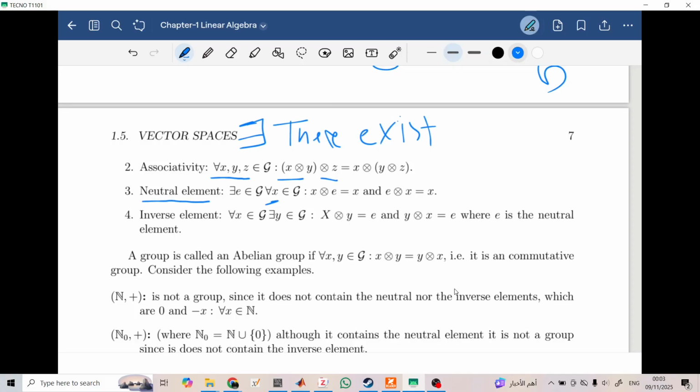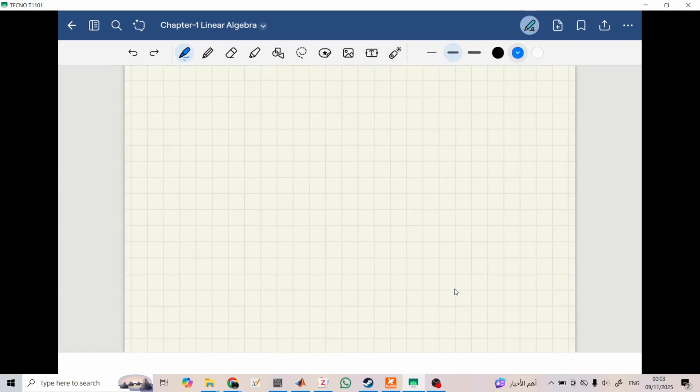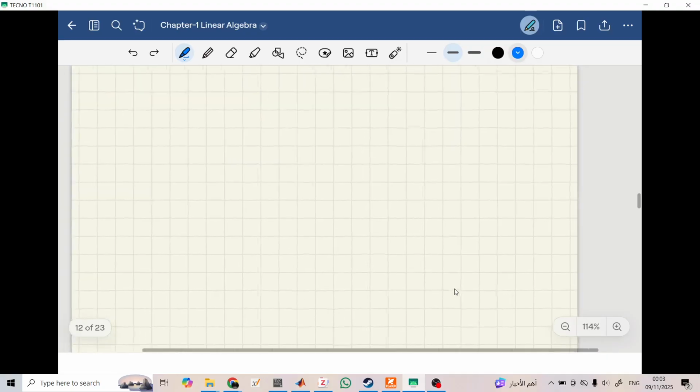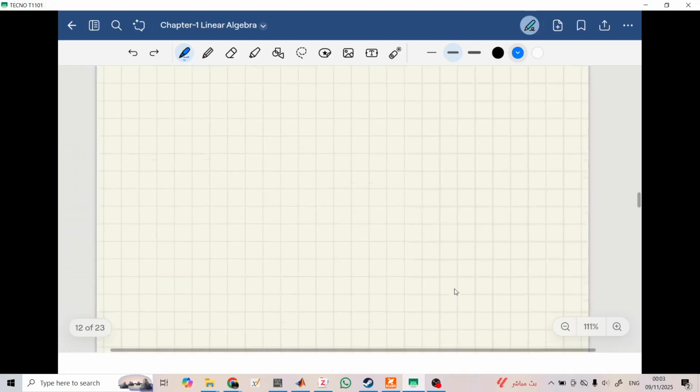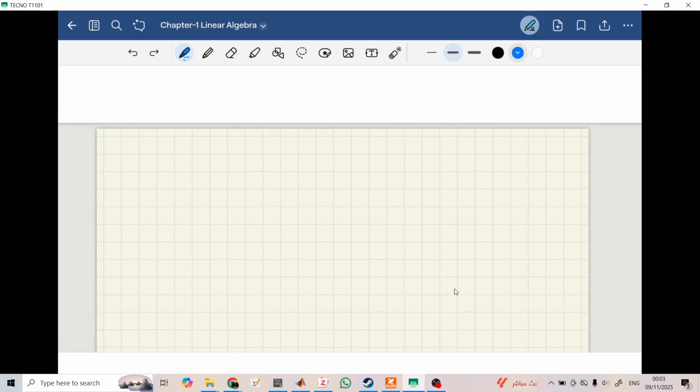So let's open a page and define the neutral element here. Let's take an example for a neutral element.